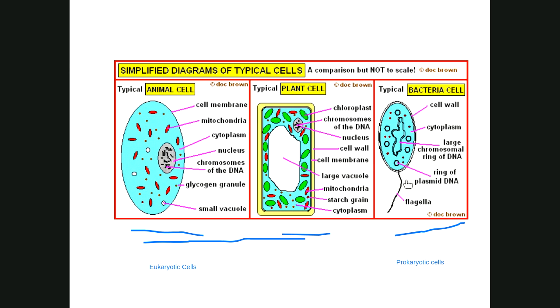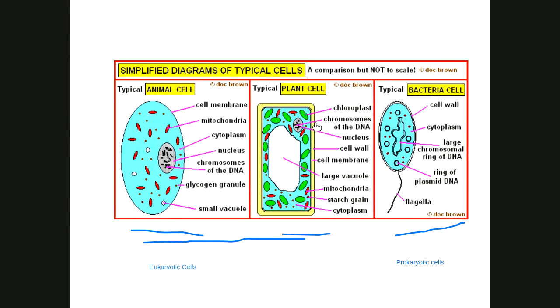You can observe that there is a nucleus in the animal cell and in the plant cell. But there is no nucleus in the prokaryotic cell, the bacterial cell. Yes, there is no nucleus in the bacterial cell. There is only a single circular chromosome present in the bacterial cell.